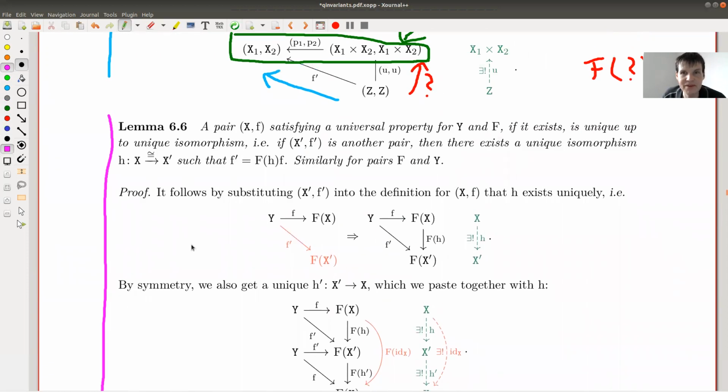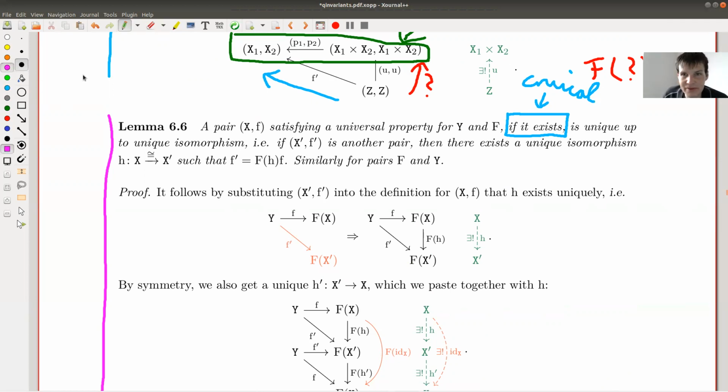The statement is, as soon as you have a unique property, and something exists and satisfies it, so this is a crucial input, the existence. The universal property basically tells you it is unique if it exists. So that's what this lemma says.